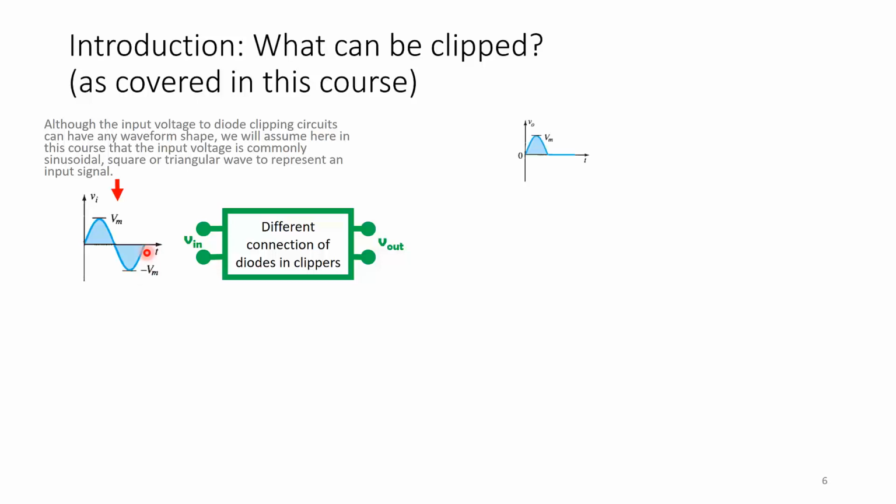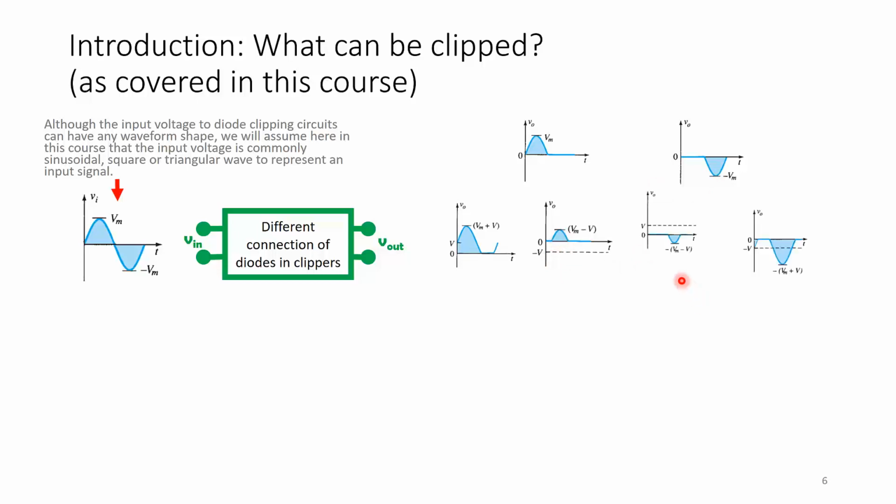Okay, so we can clip the negative cycle, or we can clip the positive cycle. We can clip more than the negative cycle up to a certain level of the positive cycle, or we can clip just a certain part of the negative cycle that we maintain, or we can also shift the voltages by applying some applied bias.